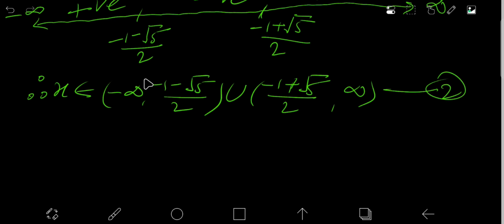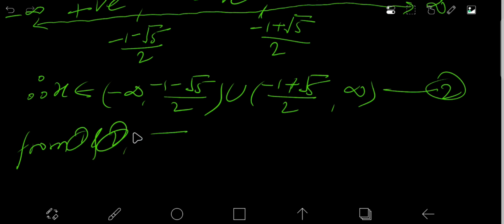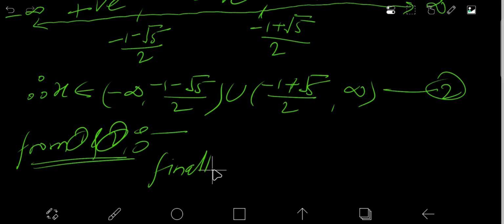Now from 1 and 2, on comparing 1 and 2 we take only the common portion. So the final solution is x belongs to, here we compare.